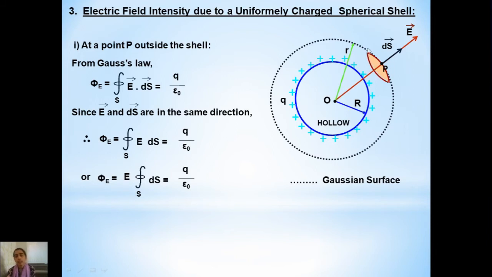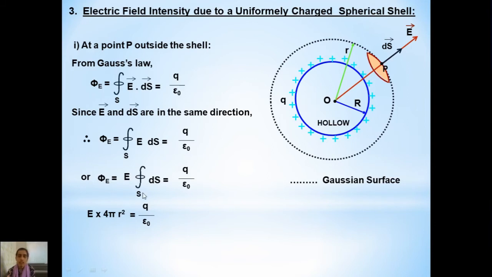If you integrate the surface term, ds, over this complete surface, what will be the value? We know its value will be 4 pi r square, because adding up all these small surfaces ds that we considered gives the total surface area of the sphere.